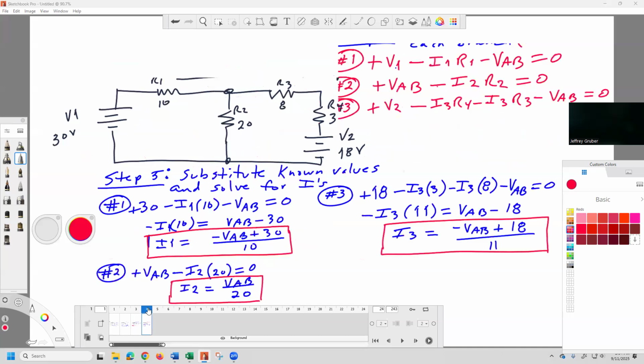All right, so let's go back here. So now we have these equations. Now step 6, we substitute these I's, these currents, into our KCL equation. So let's go to another page. This page is just going to be a blank page. It's not going to have the circuit anymore.